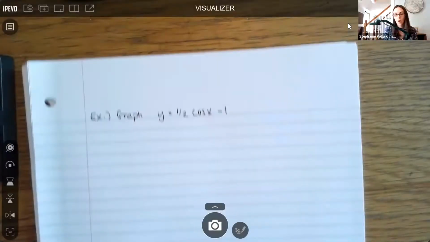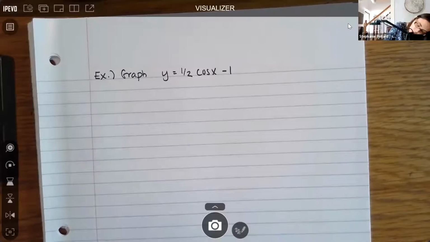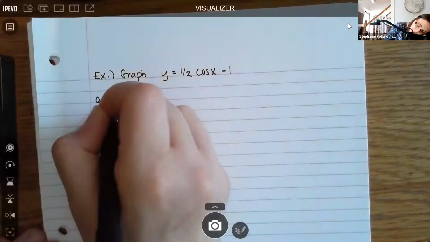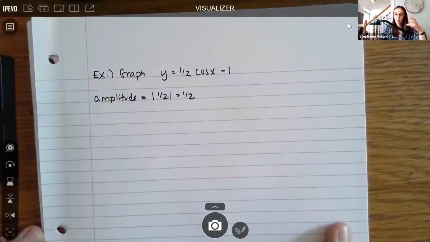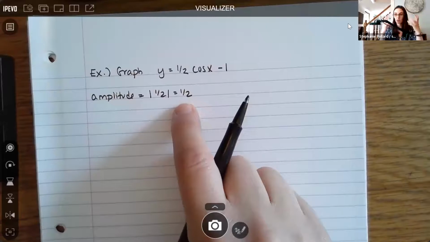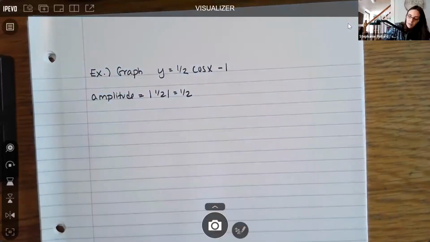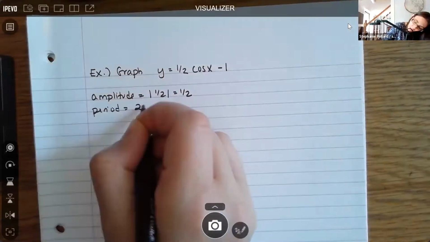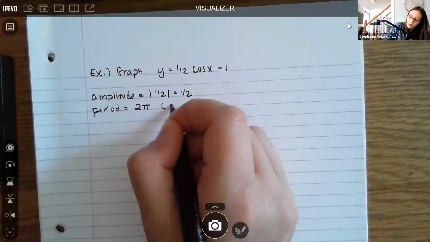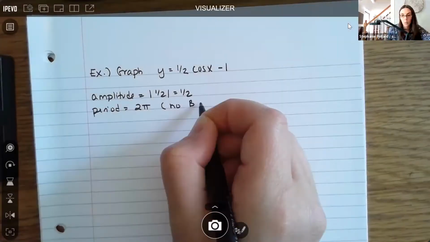One thing to note here is your amplitude is still the absolute value of 1/2, which is 1/2. Now, because there's a minus 1, this will not be your final max or min, but you can think about how it's affecting this graph vertically. The period is 2 pi, so really there's no b. So b would actually be 1 in this case. You could always multiply by 1.